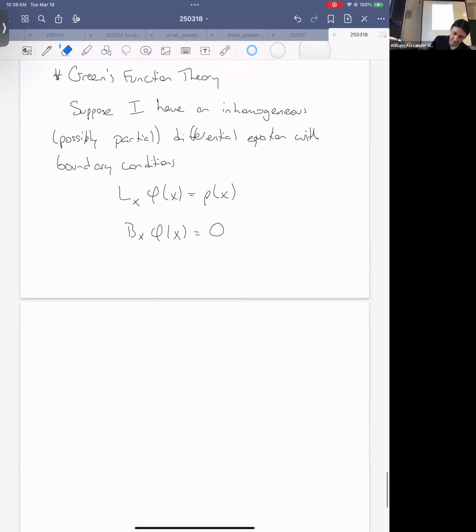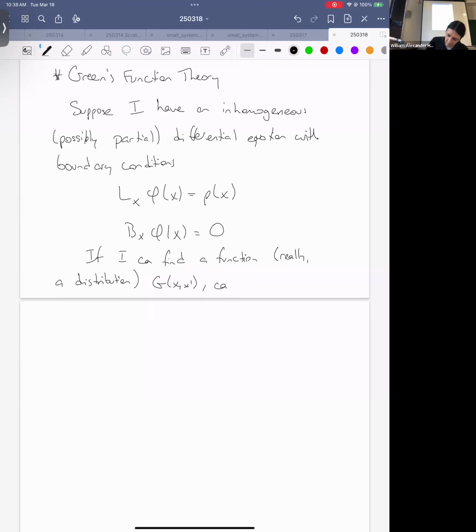If I can find a function g of x and x prime, and it's really a distribution, so it's really only well-defined up to integrating over sufficiently nice functions, called a Green's function.